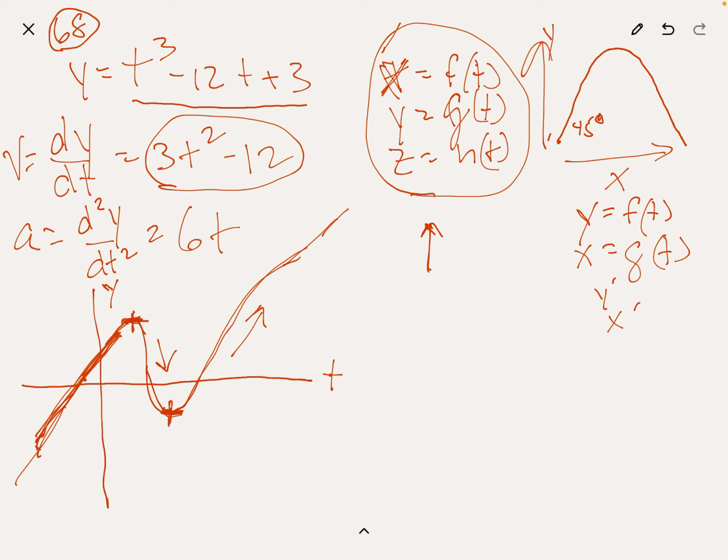So the velocity equals 0 when 3t squared minus 12 equals 0. And so we need to find the solution to that.